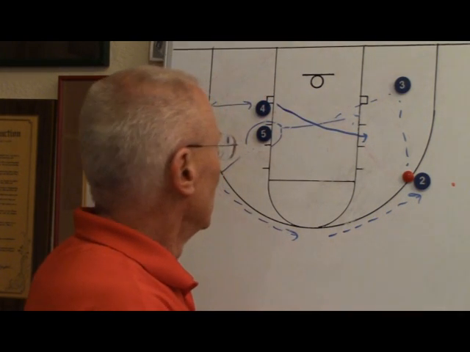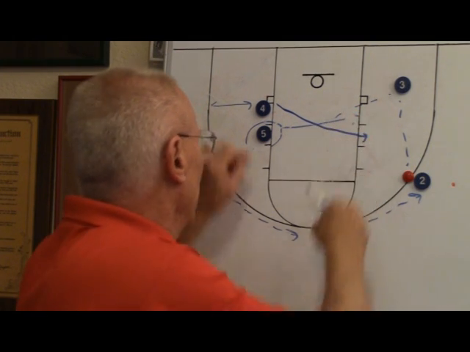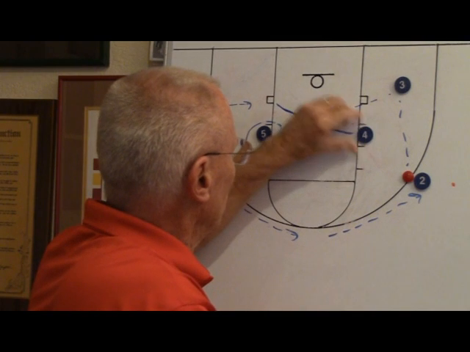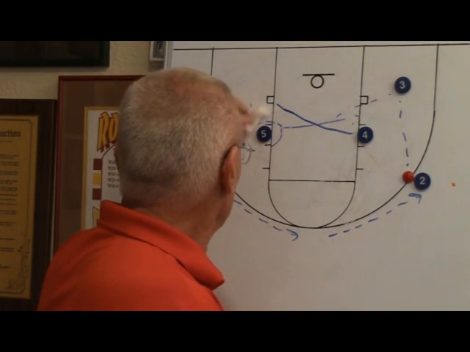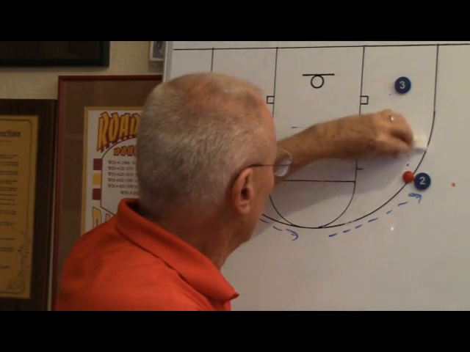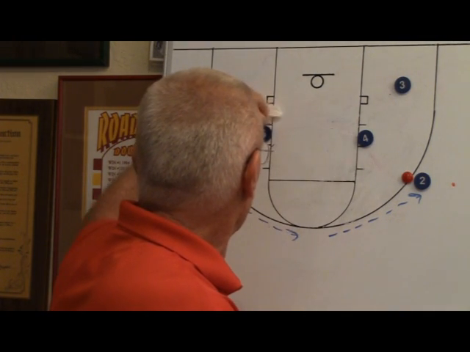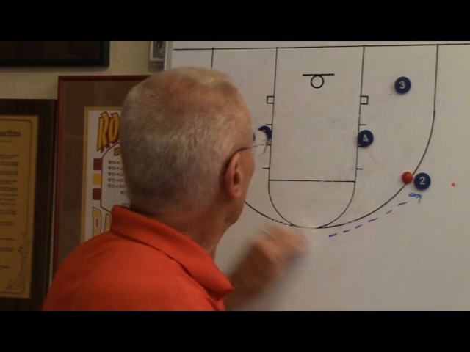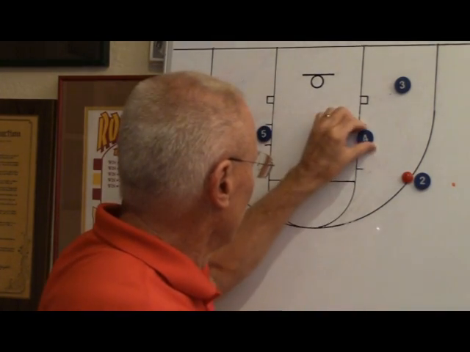So again, when 3 hits the edge of the lane right here, that cues number 4 to come up to a mid-post area. And we like to go to the mid-post area with this, especially with undersized kids, because we want to pull that inside defender just a little bit higher away, make them feel just a teeny bit less comfortable guarding, just a little bit further from the basket.